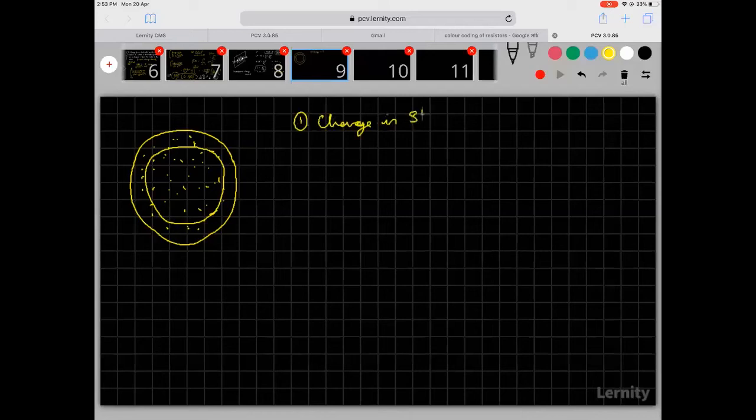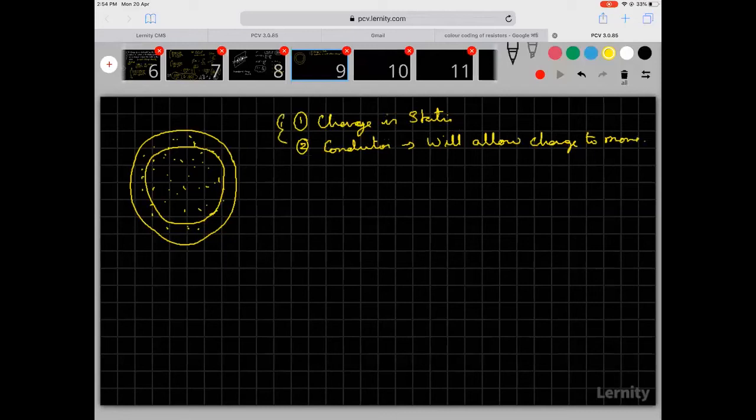Static means we are assuming that it is uniformly distributed, right? Second thing is it's a conductor. What is a conductor? A conductor will allow charge to move, right? So if a conductor will allow charge to move, and we are saying that it is a static condition, let's see what happens.